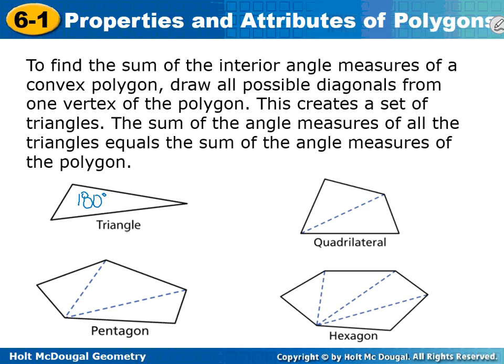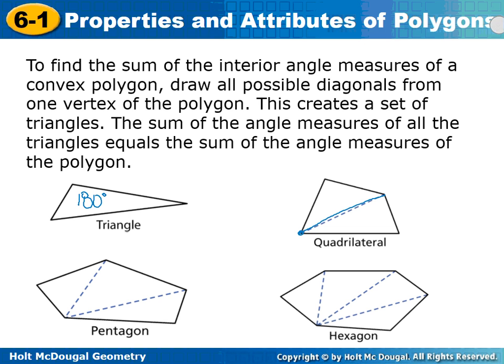So what we're going to do is we're going to take each shape, and we're going to start from one vertex, only one vertex, and we're going to draw in all the diagonals that can be drawn in from that one vertex. So if I go from here, would you agree that's the only diagonal that there is from that vertex? Everybody agree? Okay, how many triangles did it divide that quadrilateral into? 2 triangles.